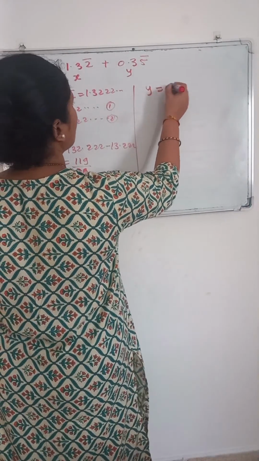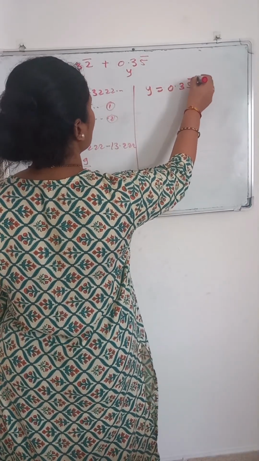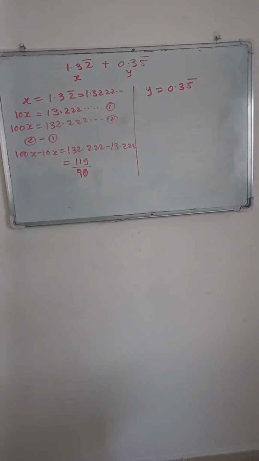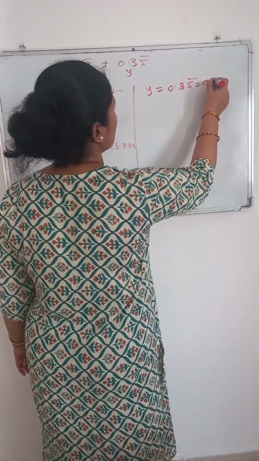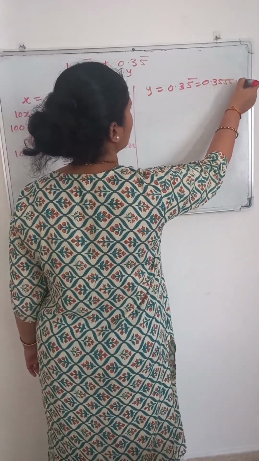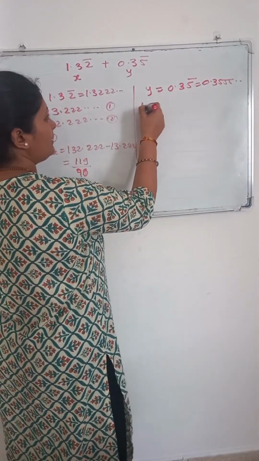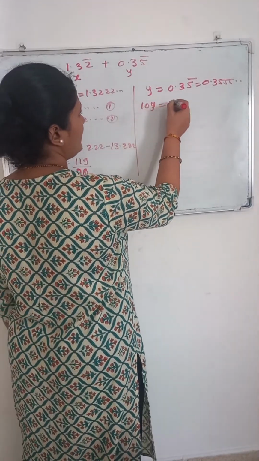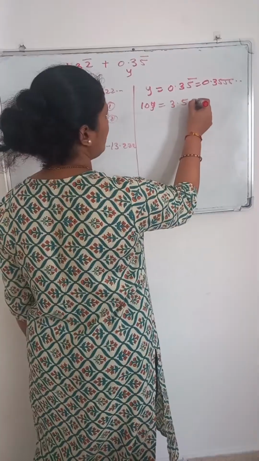So this y is equal to 0.35 bar. That means 0.3555 and so on. If I multiply here by 10, so 10y is equal to 3.555 and so on.